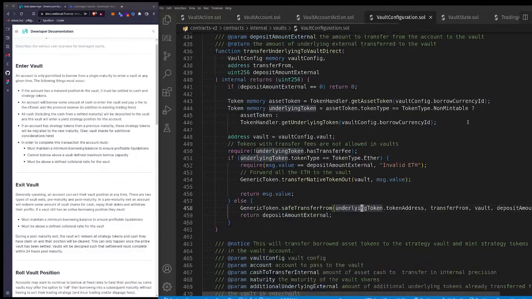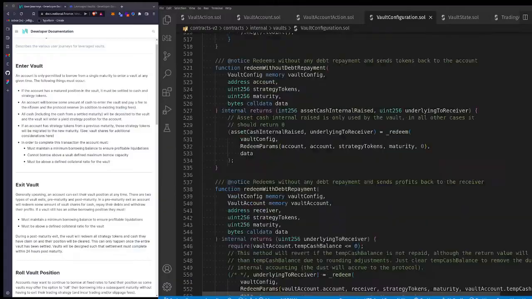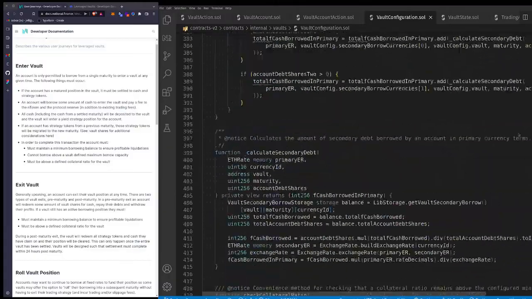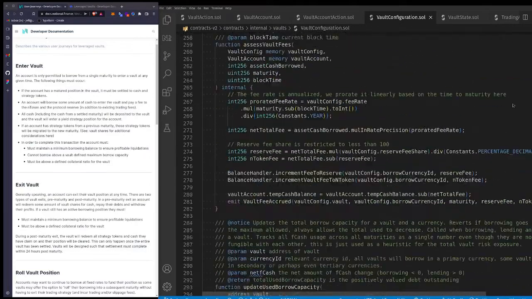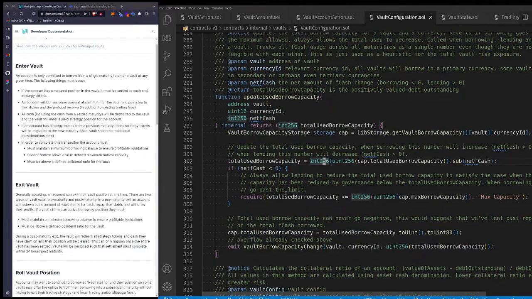So looking at this method, update, I believe it's up here. This method is fairly simple.